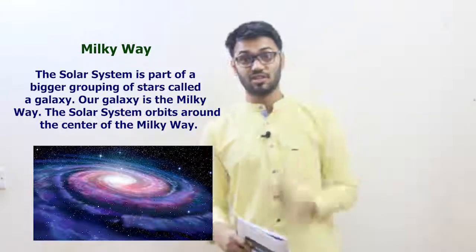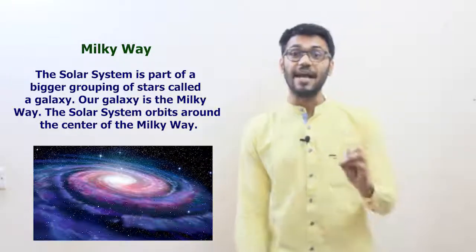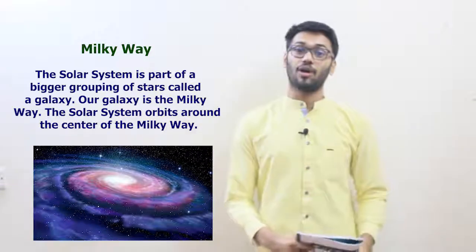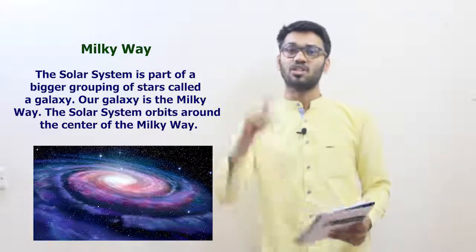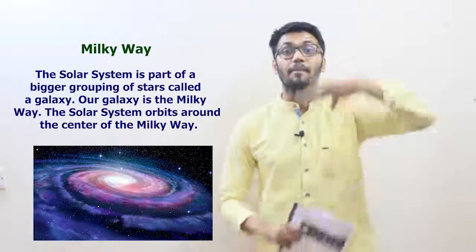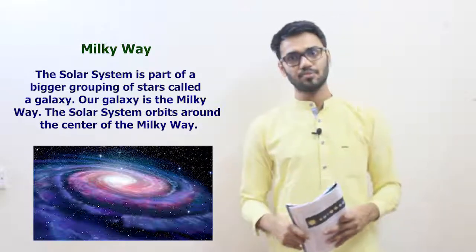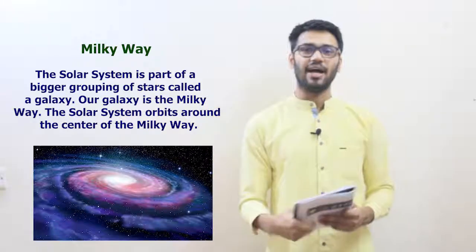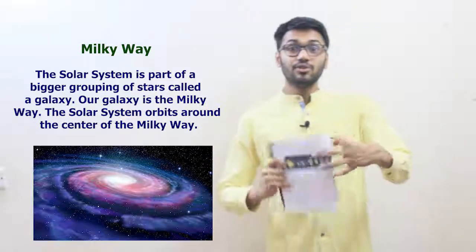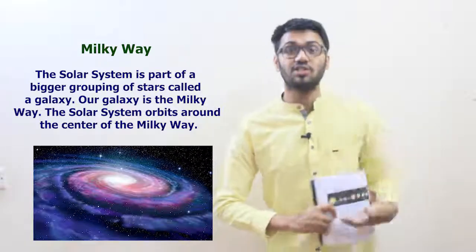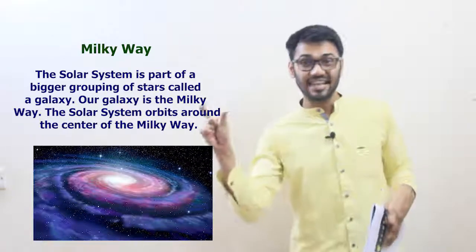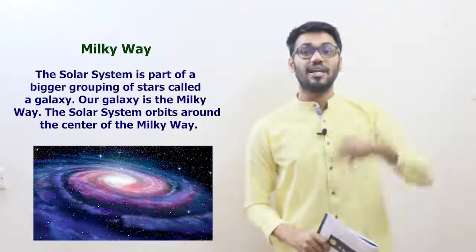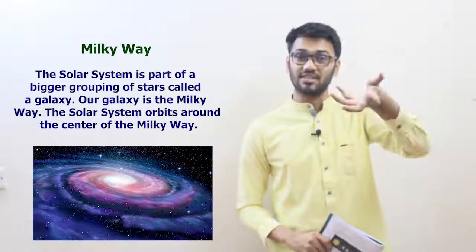For the first class, this would be the end. You talk about the whole solar system, you talk about the dwarf planets, you talk about the comets, then you talk about the Milky Way. You also give them an idea about the galaxy and the universe. Now, if you have more questions about the Milky Way and the galaxy, please go to YouTube, search and see some videos of the galaxy or Milky Way.